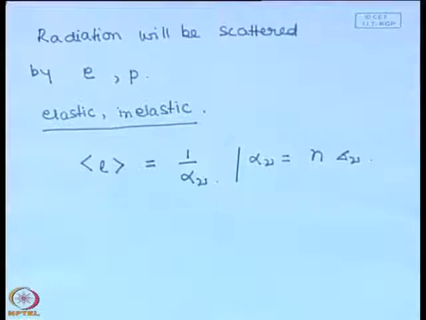So, let us consider for making a simple estimate, let us just consider one process, the Thomson scattering, elastic scattering, okay. So, for elastic scattering we know the Thomson scattering cross section, we have discussed this already when we were looking at the Eddington limit, this is in a problem.